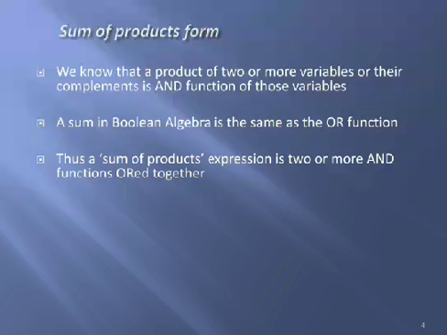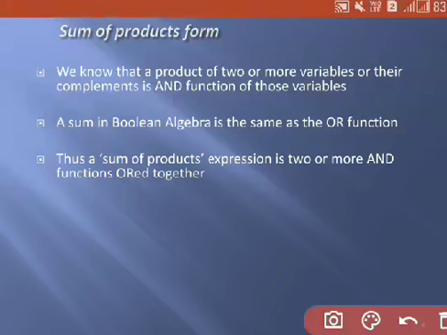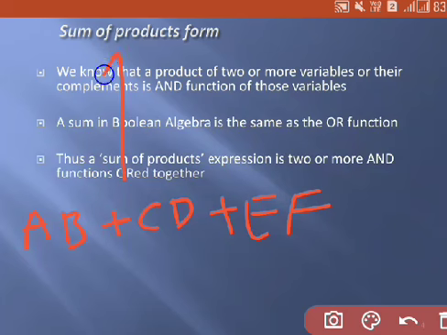So therefore, sum of products expression is two or more AND functions ORed together. Like I said, you can consider the simple example, AB plus CD plus EF. It is a simple example of SOP form, sum of products form. Why? Because this is the first product AB, this is the second product CD, and this is the third product EF.